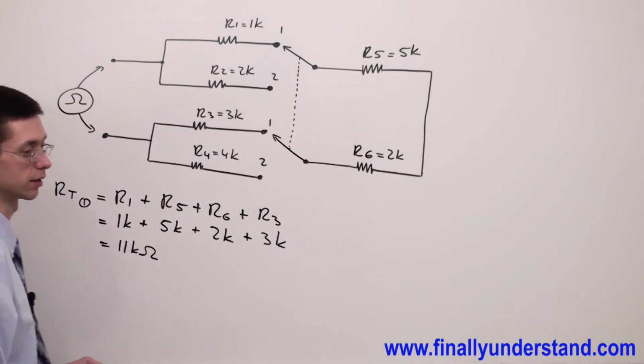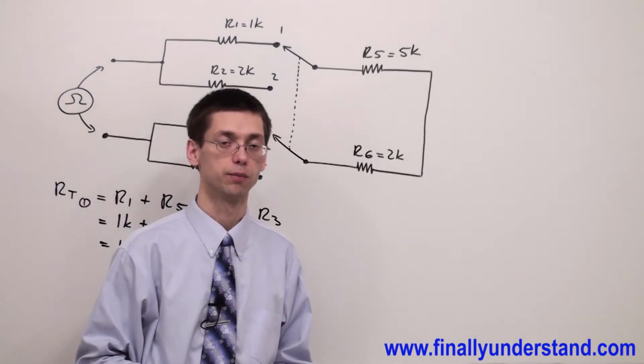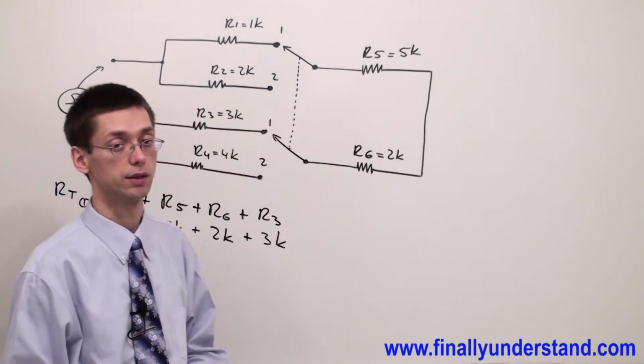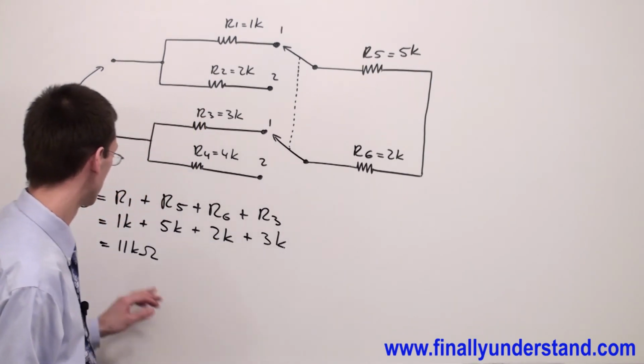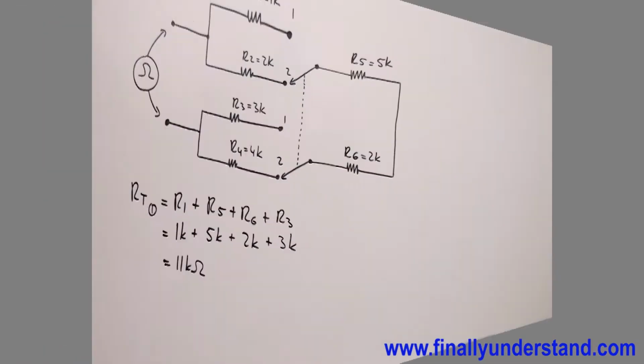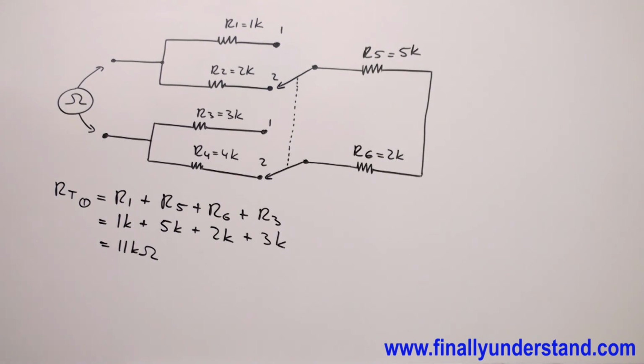So total resistance of my circuit when the switch is at position 1 is equal to 11 kilo ohms.